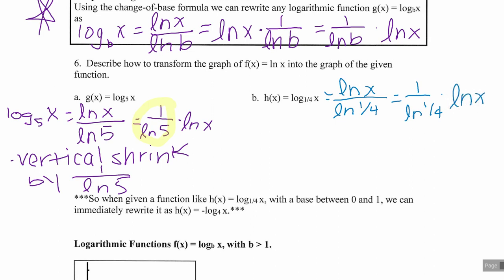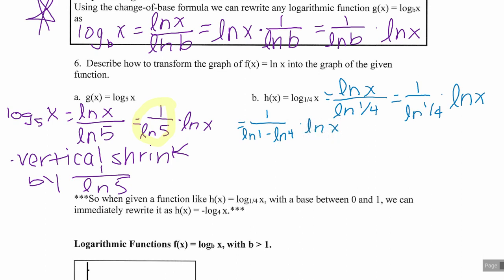And the reason this gets a little bit more complex or involves more steps is that natural log of 1/4 in the denominator, which is why I did 5c that way, because we just reviewed that rule. When you've got division inside a log, we can separate it using subtraction. So I'm going to do that here. So this becomes 1 over the natural log of 1 minus the natural log of 4 times my natural log of x.